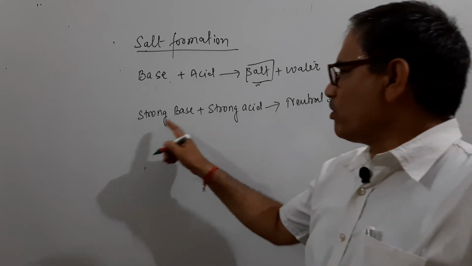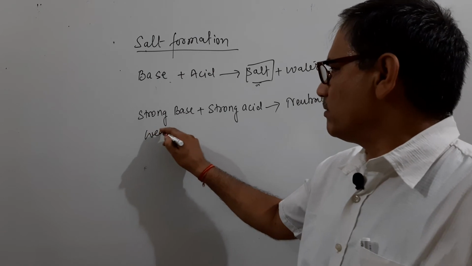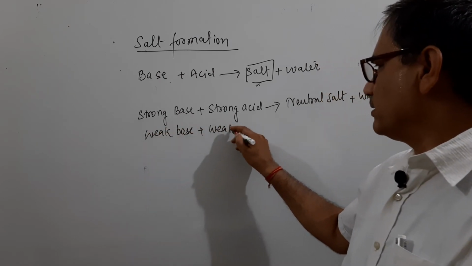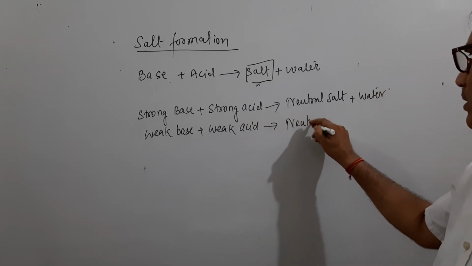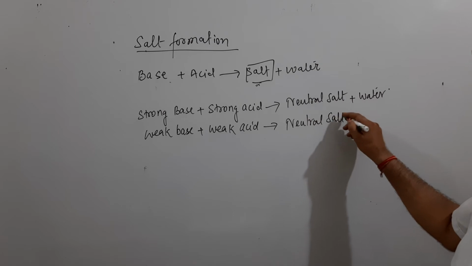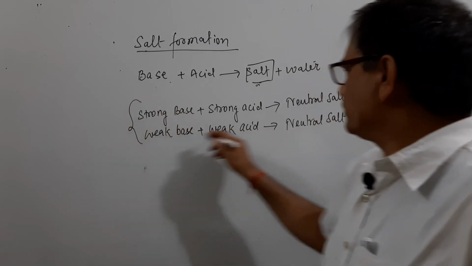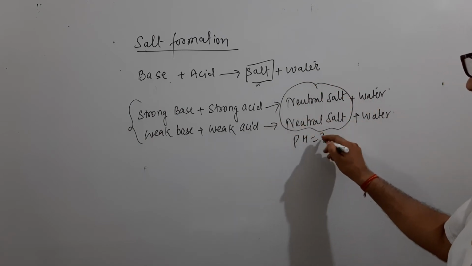It means when a strong base and a strong acid react with each other, the nature of the salt is neutral. Or a weak base plus a weak acid combined together will also give a neutral salt plus water. And in this case, the neutral salt pH is equal to 7.